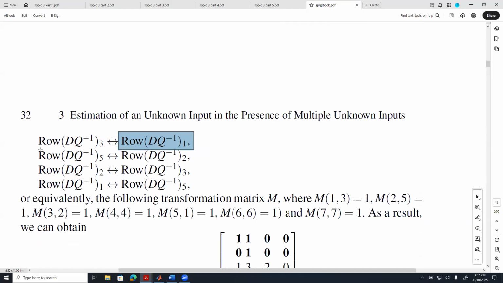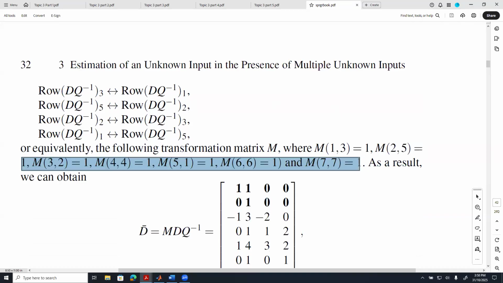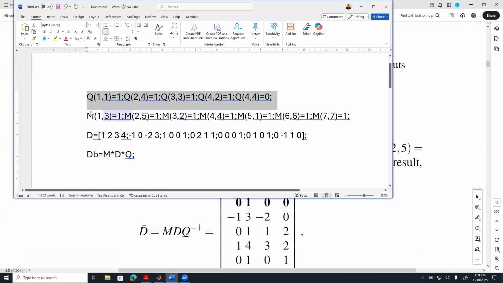And let's move row number 5 into number 2. And then the rest of them. Equivalently, if we introduce the following matrix M, where the entries of M are given by all of these entries, then M is given as follows.